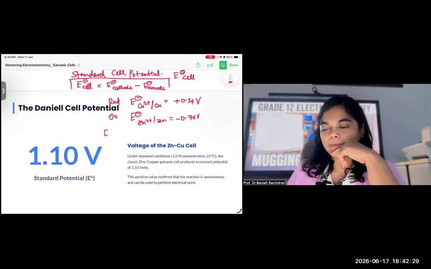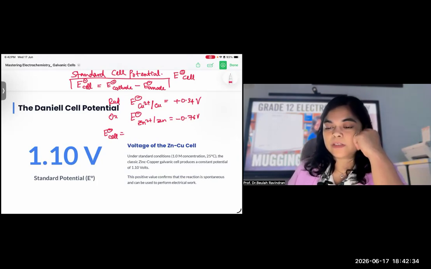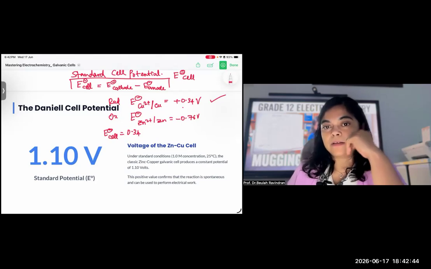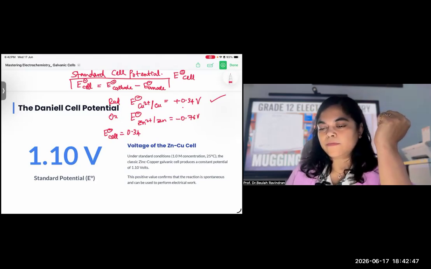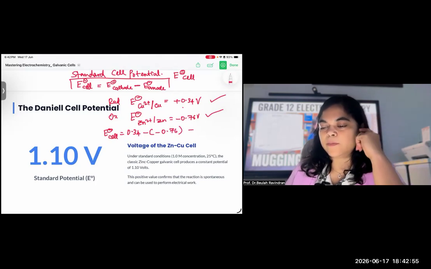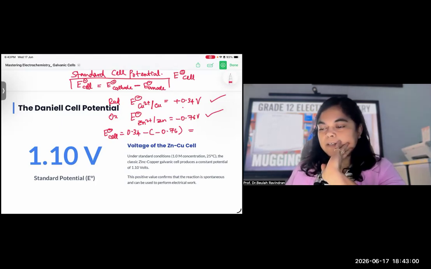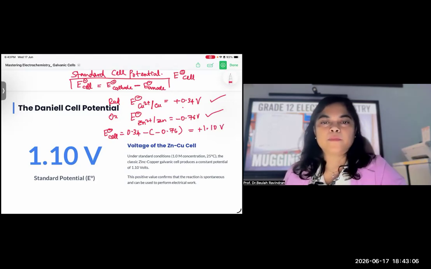E cathode is 0.34 volt, plus the negative of the negative anode potential, 0.76 volt. So 0.34 plus 0.76 is 1.10. So plus 1.10 volt is the standard potential.